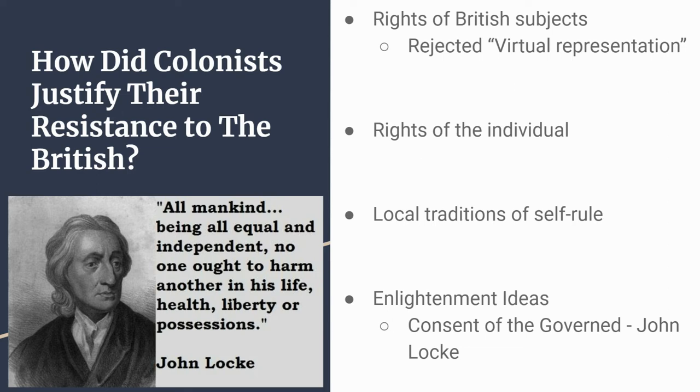And there's this person named John Locke, who's very important to know. And he has something he calls the consent of the governed, which is essentially how he thinks governments should treat people. And then, one of our main phrases from here is life, liberty, and property, which is the idea that everybody should have a right to that. And the colonists are feeling like those rights are being violated.